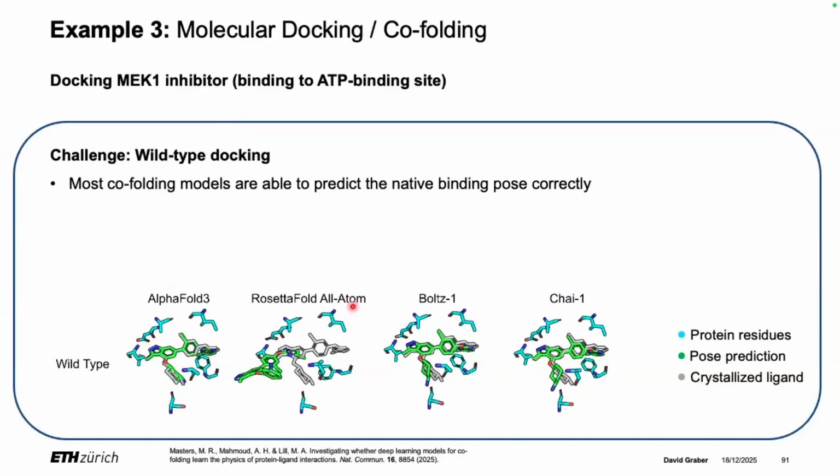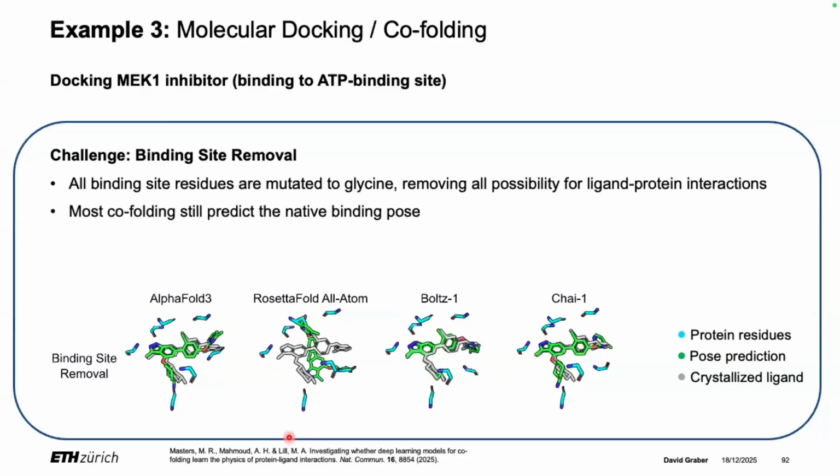And you see for these 4 co-folding models the protein residues, so the amino acids of the protein in blue, and the original ligand position as it is in the crystal structure. So the ground truth is in gray, and in green you can see the pose prediction of these co-folding models. So you can see that most of these models in this specific system are able to rediscover the native binding pose of this small molecule to that MEK1 protein.